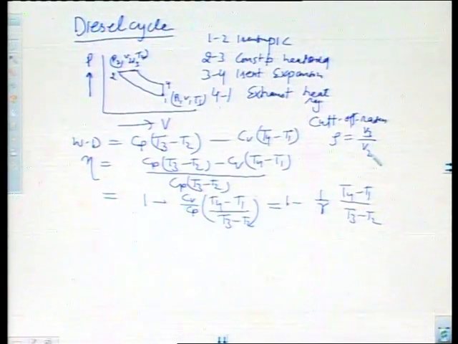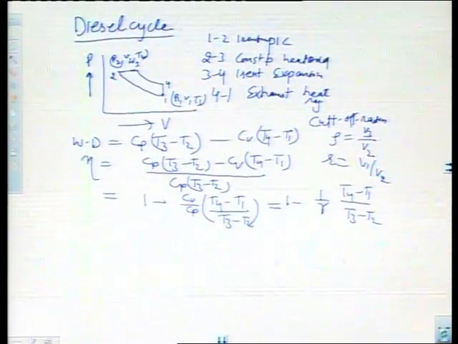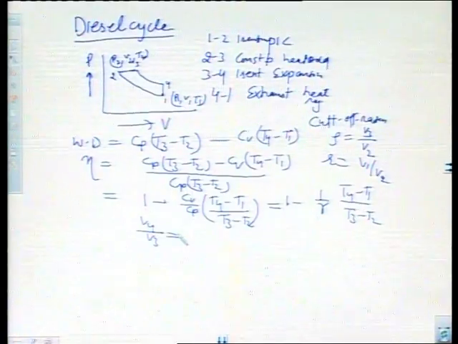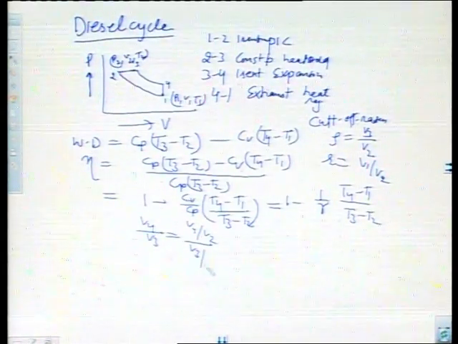Compression ratio R is nothing but V1 divided by V2. Now, if you divide V4 by V3, we can write it as V4 divided by V2 and V3 divided by V2.